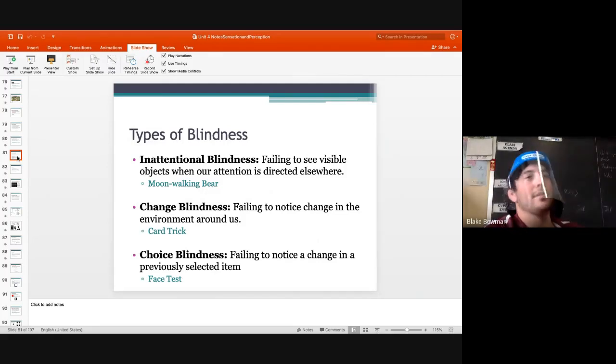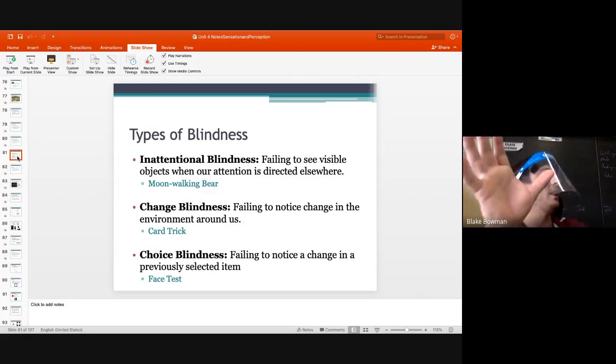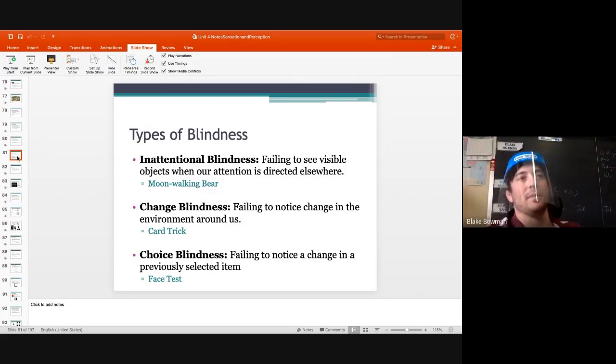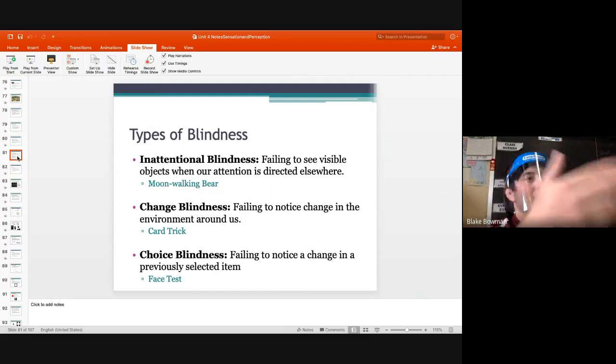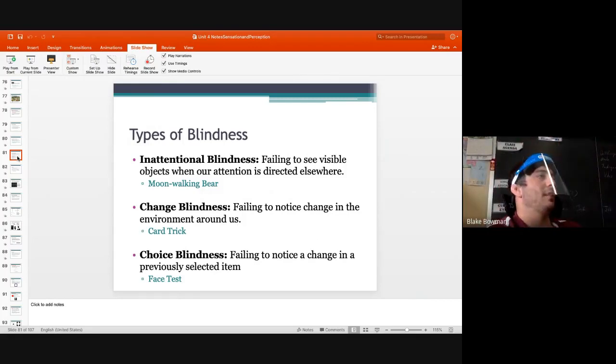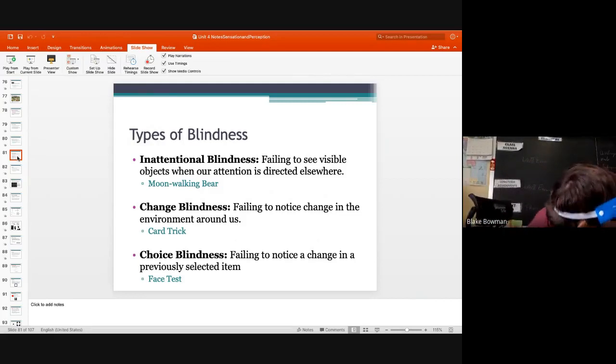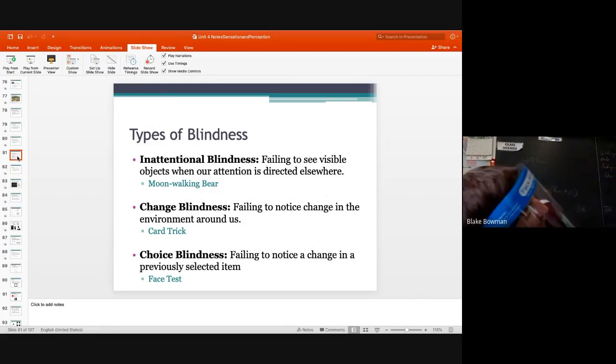You need to find the differences within the pictures, and they'll put them right beside each other, and you have to find some items or different things within the picture that are different. I don't know if you guys ever played games like that. It's almost like I Spy in a way, but you've got to find the different types of figures or objects that are missing or involved in the other picture that are not in the other. So that's a good example. I know a lot of people play those games.